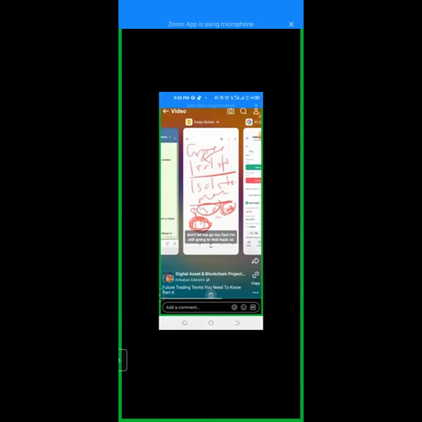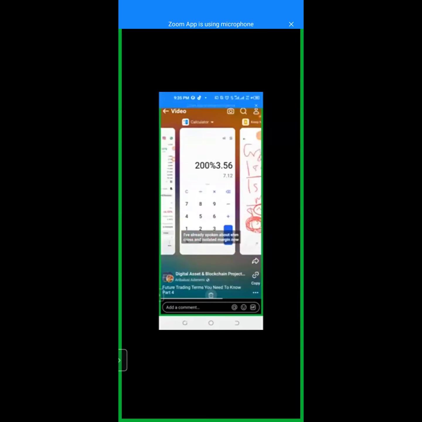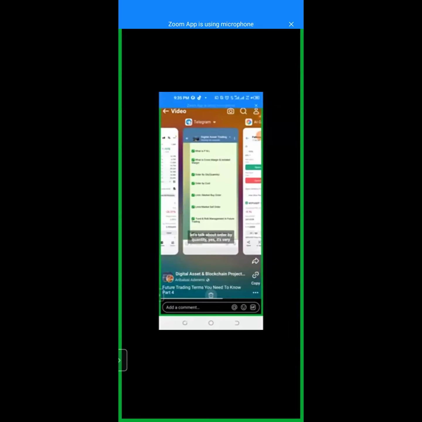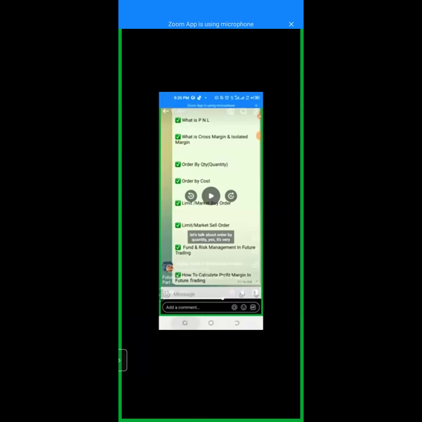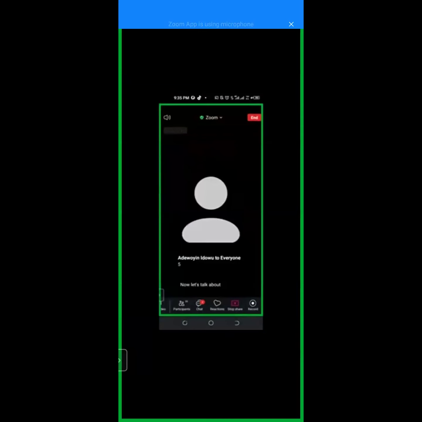So I've already spoken about cross and isolated margin. Before we talk about the next points, isolated margin has a disadvantage, in the sense that the moment the unrealized P and L is equal to your margin or more, it will close that trade, and all you lose is that $3.56 margin.